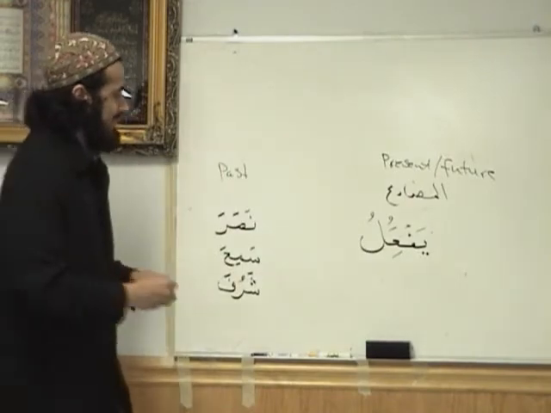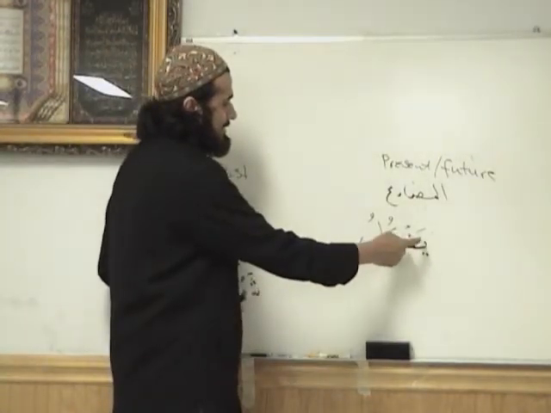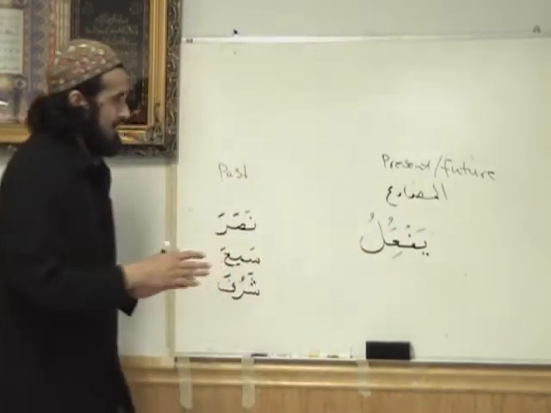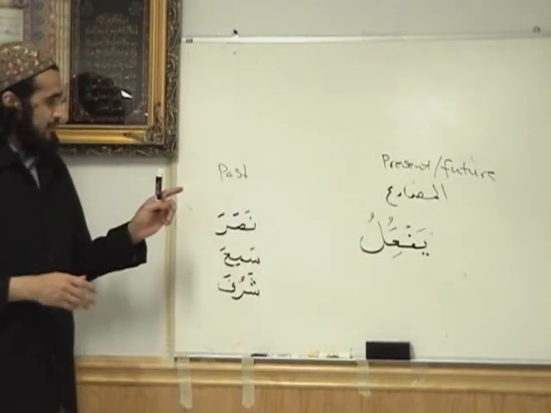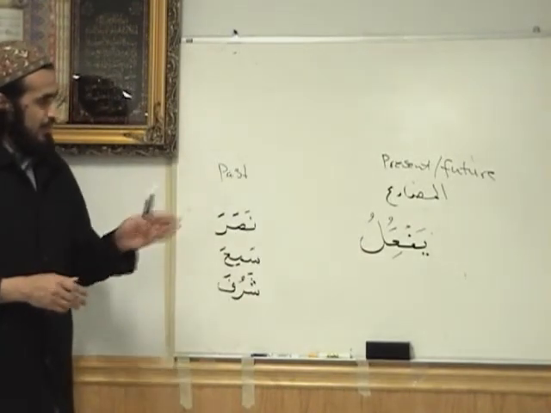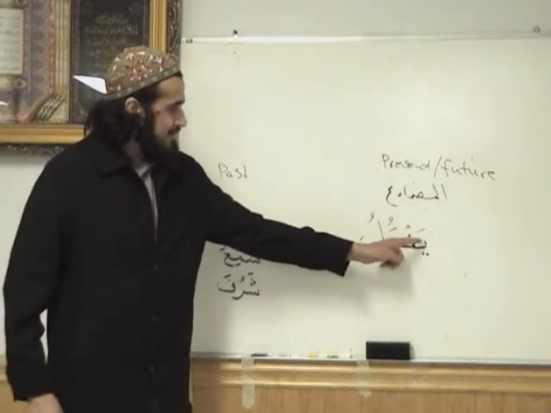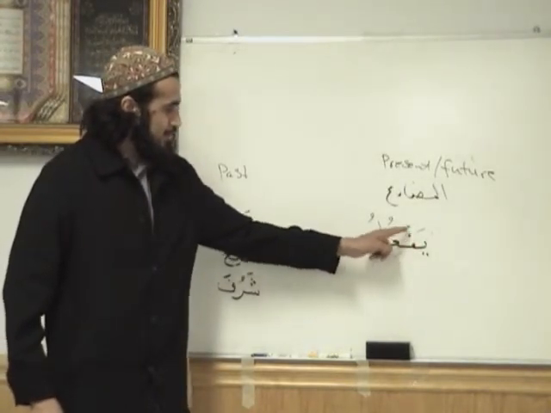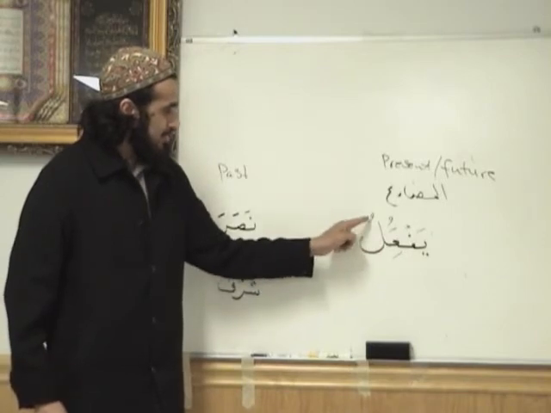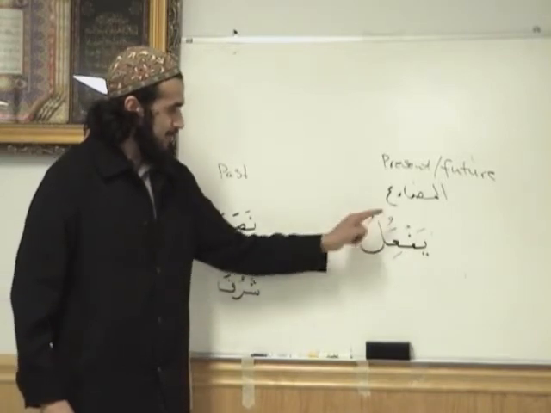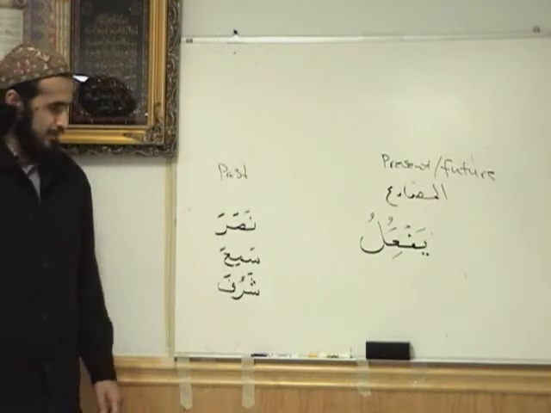So here the only thing that changes is the ayn. Everything else stays the same. No matter what in the mudari', whatever you have, it will have all of these. Ya will have fatha, fa will have a sukoon, the last letter will have a dhamma, only the middle will keep changing. Fatha to kasra to dhamma.